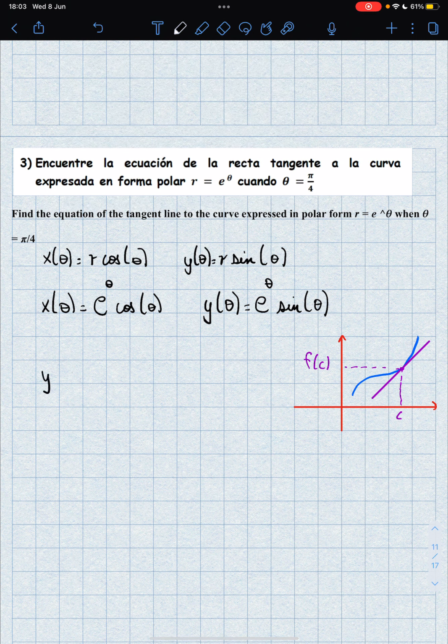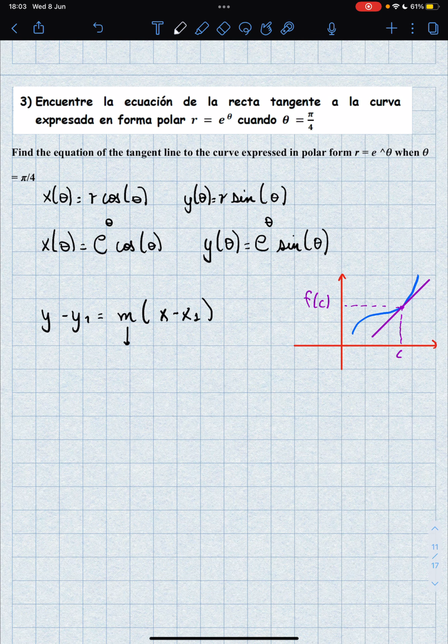We know that y minus y1 is m times x minus x1. So we need to find this m, but remember, this m is evaluated at a specific point, the specific point that they're giving to us.